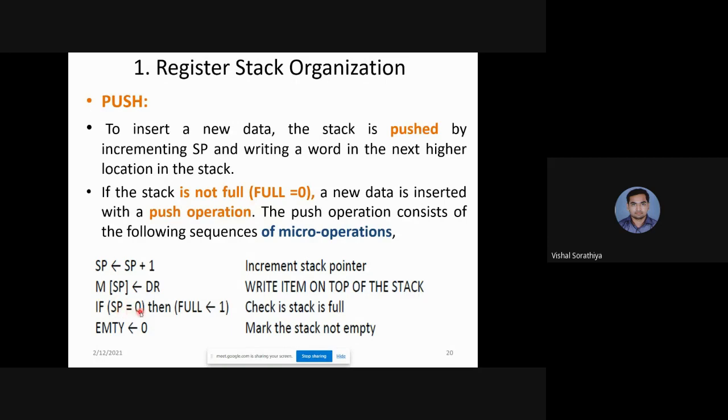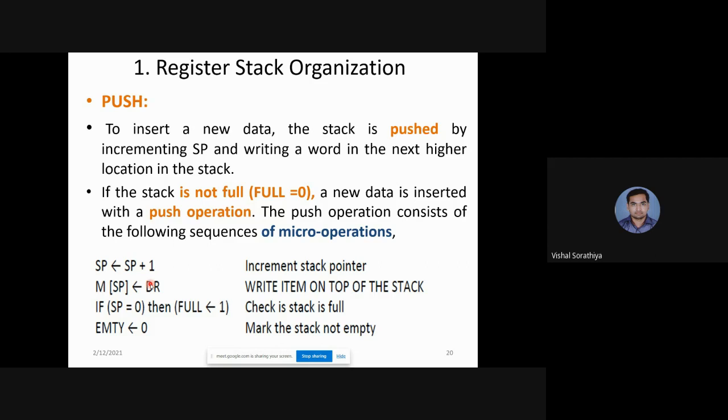If the stack pointer becomes 0, then you need to check your status. If SP equal to 0, it is considered full. You need to set full equal to 1 and empty equal to 0. What is the meaning of that? Suppose you are continuously saying push in your assembly language program.